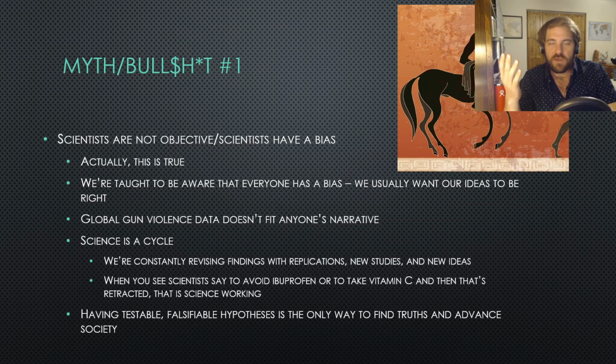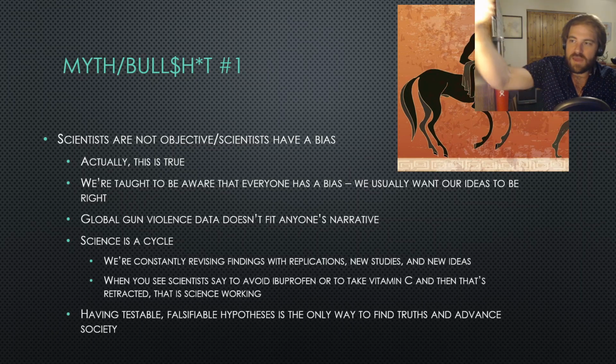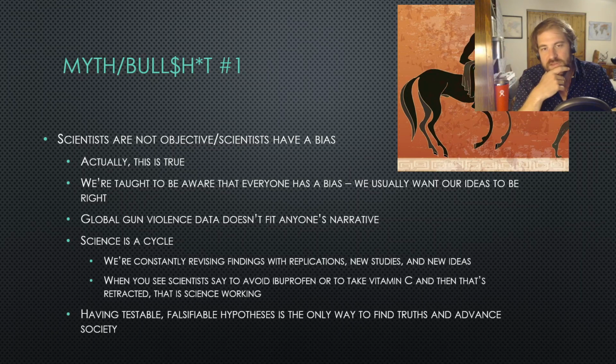However, we're also taught that everyone has a bias so that we can be aware that we may be putting our bias into things. We're also taught how to do science to take out the bias. So it is true that our opinions could be biased, but when we do the actual science the right way, it's not biased.